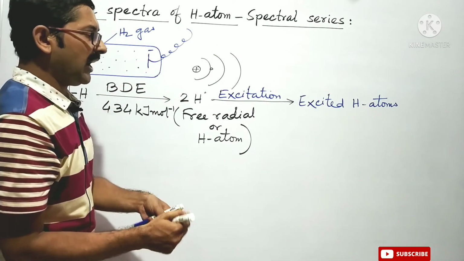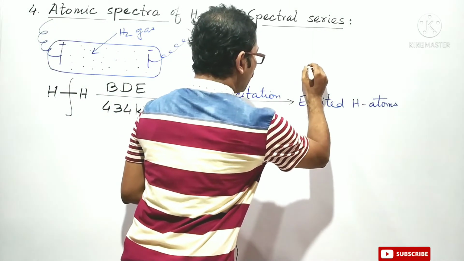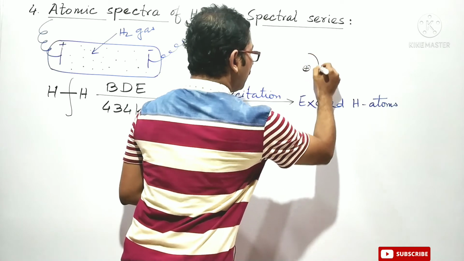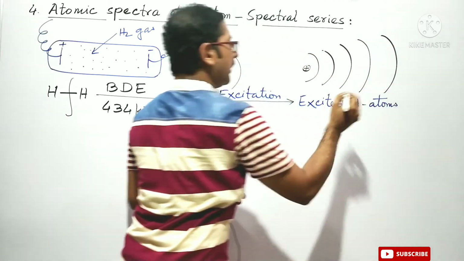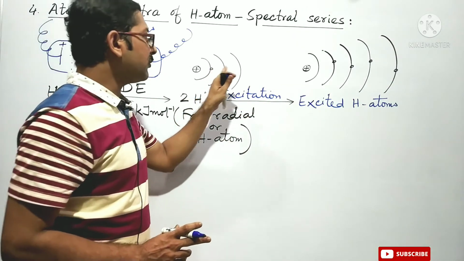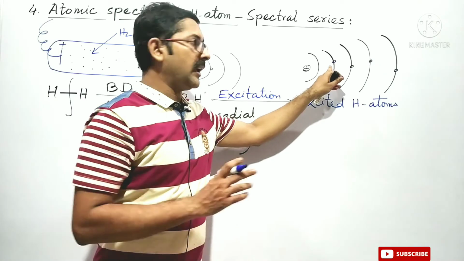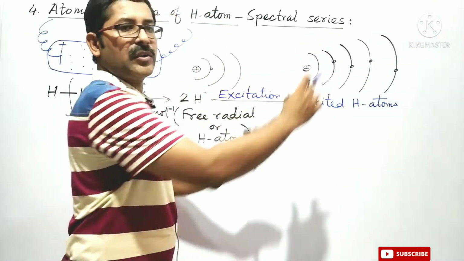In the excited hydrogen atoms, the electrons are present in the higher orbits. Say this is first orbit, second, third, fourth, fifth, and so on. When the excitation occurs, the electron of the first orbit can go to the second orbit, can go to the third orbit, fourth, fifth, and to the further orbits.